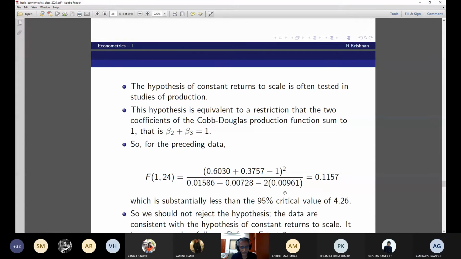Now go back and recall your regression results. What is the variance-covariance matrix of beta, or B for that matter, the estimated beta? What is that formula?